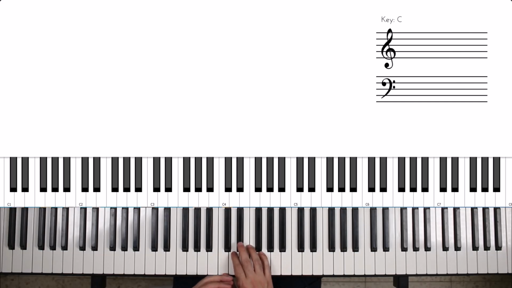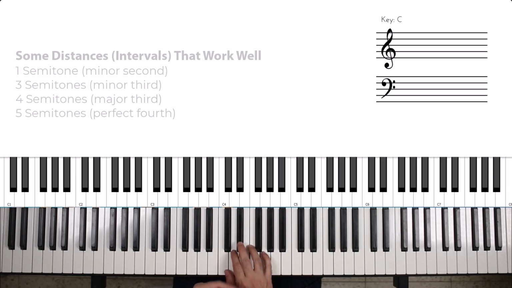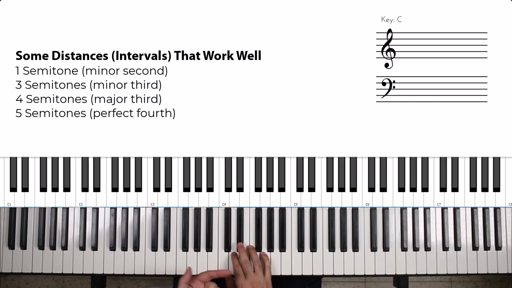Now there are some progressions that work better than others, and by this I mean that when you jump around chords, some distances make more sense or kind of tend to sound better than others. These are a semitone, three semitones, four semitones, and five semitones.